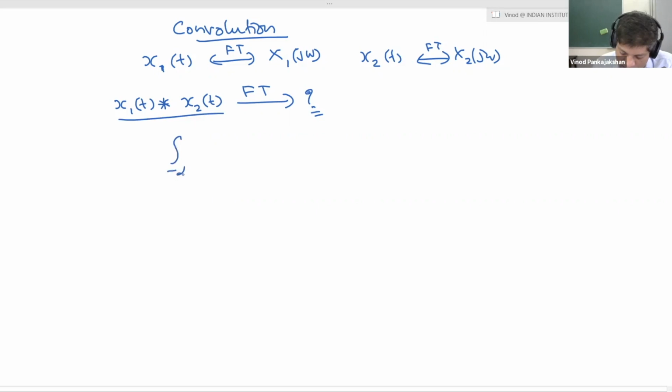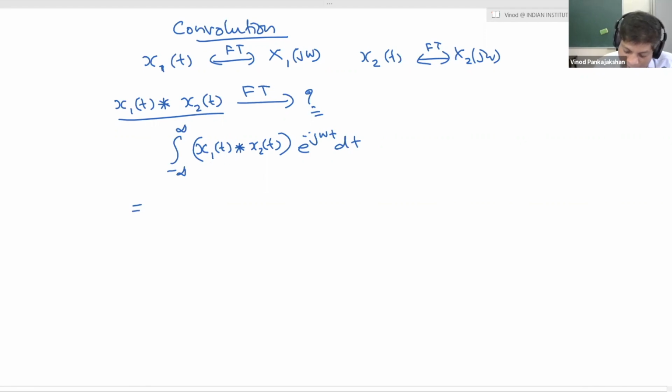Given any signal, the Fourier integral is: x1t convolution x2t is a time domain signal, and you multiply it with e to the power minus j omega t and then integrate over t. That is how we find the Fourier transform of a signal. Can we simplify this?